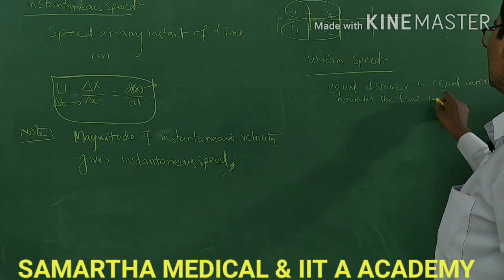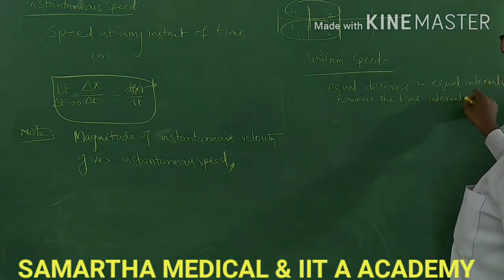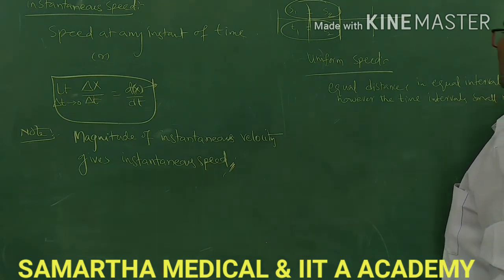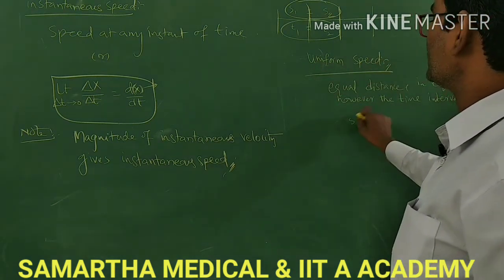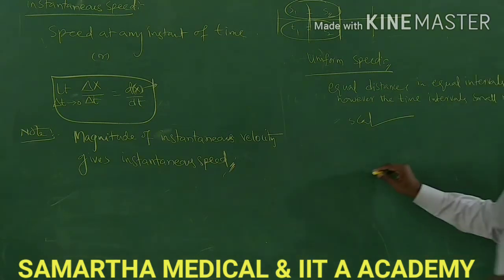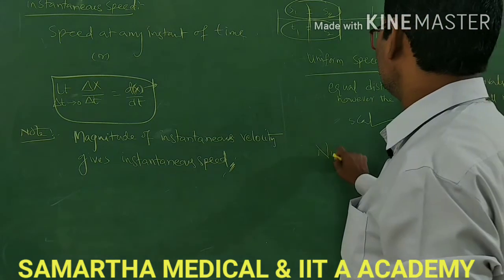It's a scalar quantity, and you know the dimensions and units are like speed only. Right? Next, you go for non-uniform speed.